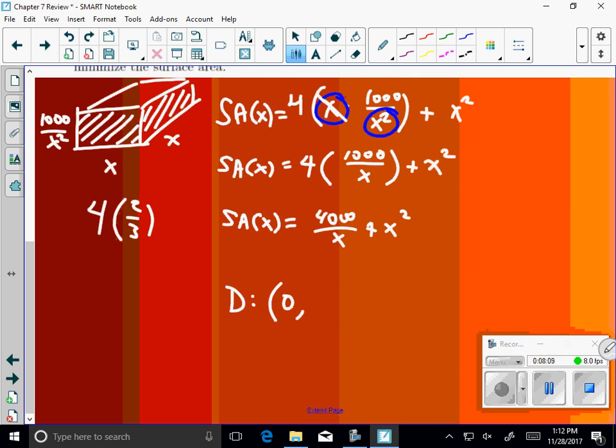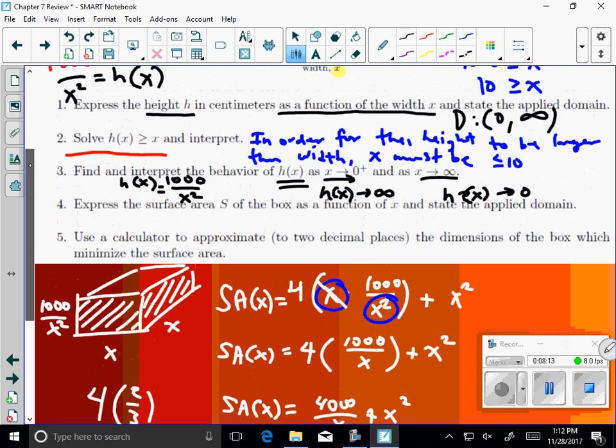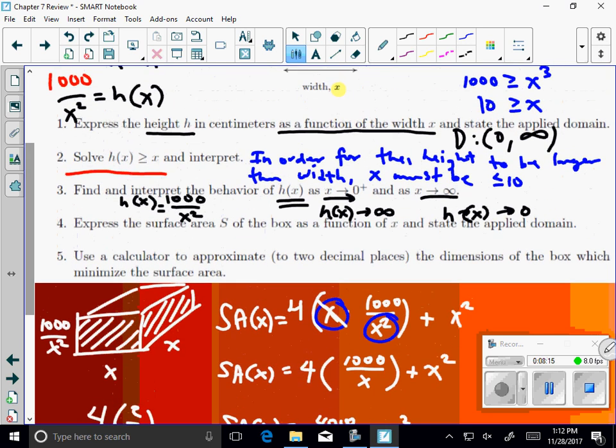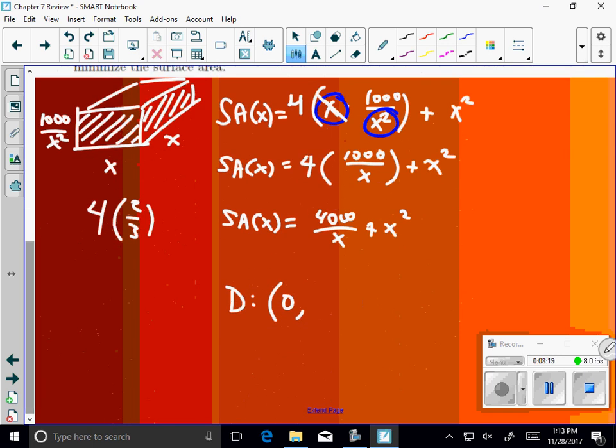Under 10? Now, I don't know that we need the same restrictions. We're not worried in this problem whether or not height is greater than x. All we're worried about is that we don't get some non-real answer or negative answer, right? So x can be anything.